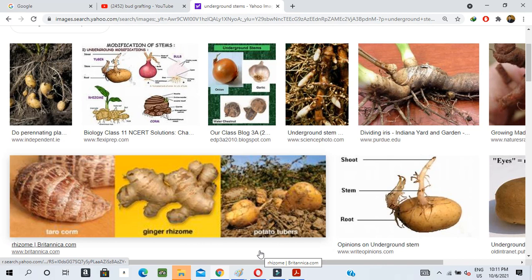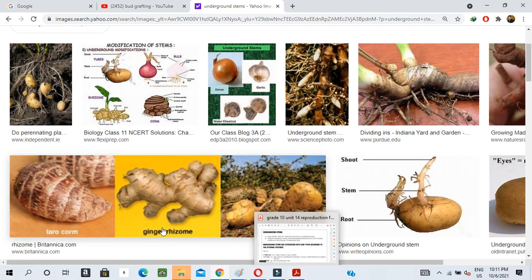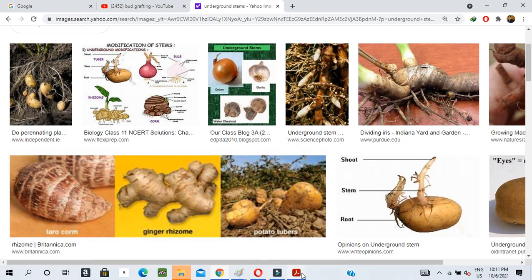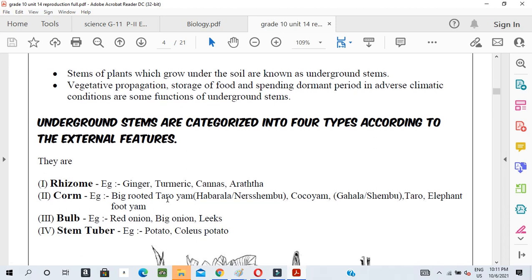In adverse, unfavorable conditions, though the entire plant dies, the underground stem will remain. And from this underground stem, in favorable conditions, new plants will come up. Using underground stems, we can perform vegetative propagation.